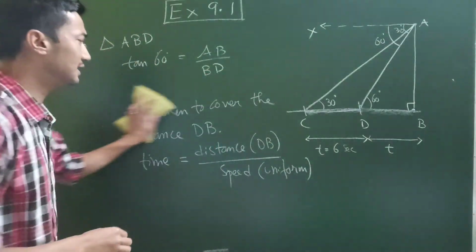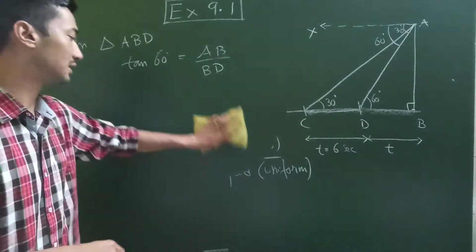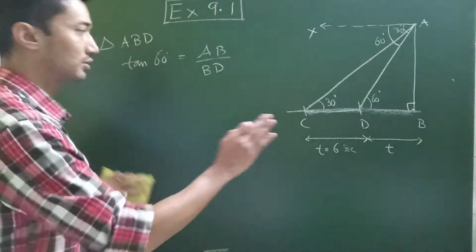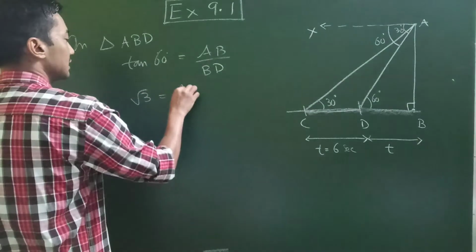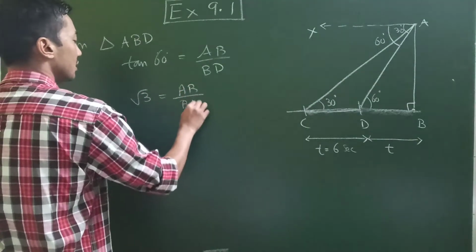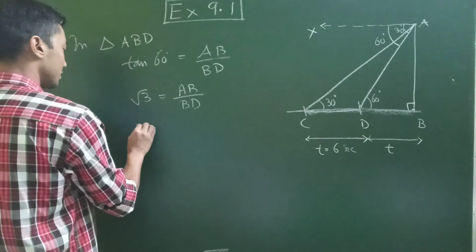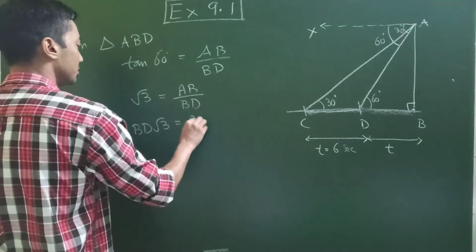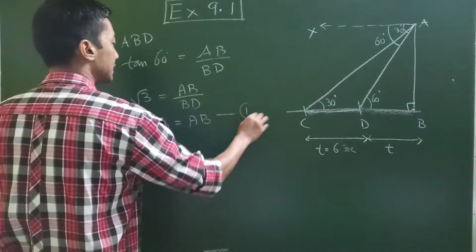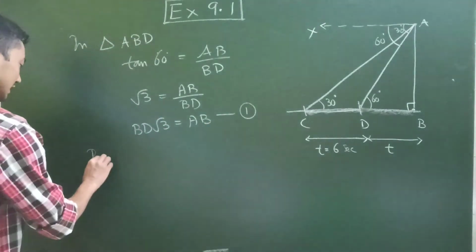We will of course get the solution, but what I mean is, let's go through the proper way. So tan 60 is root 3, that is AB by BD. If you cross multiply, BD root 3 is going to be AB. Let's keep it as it is. Move to the next triangle.